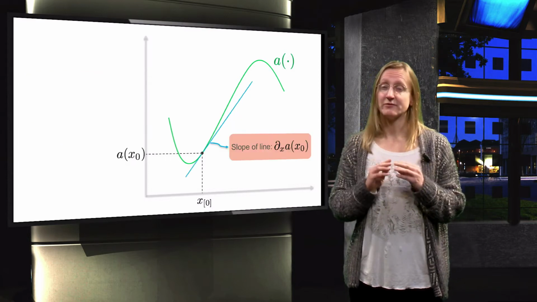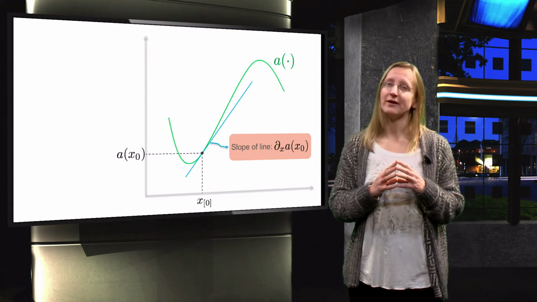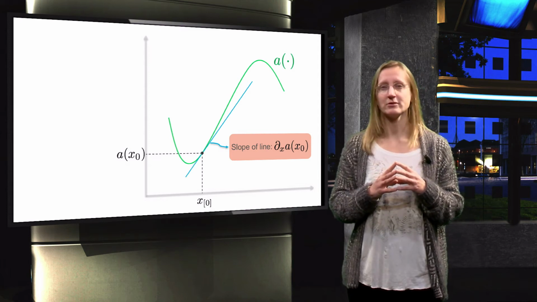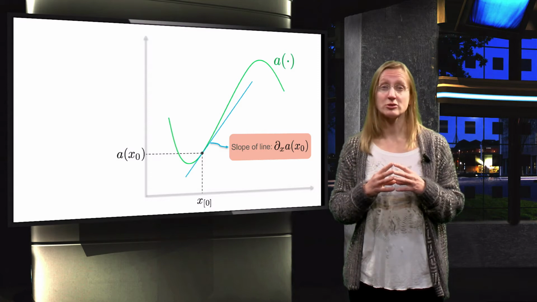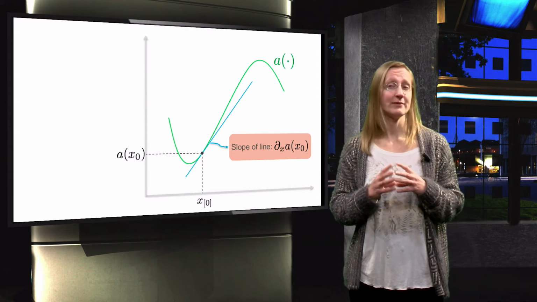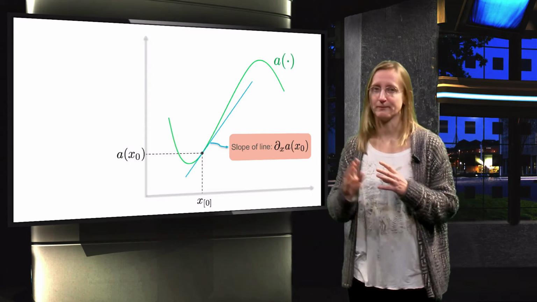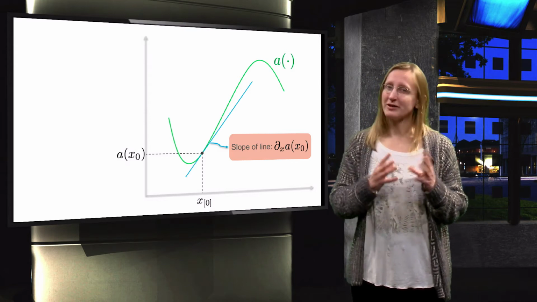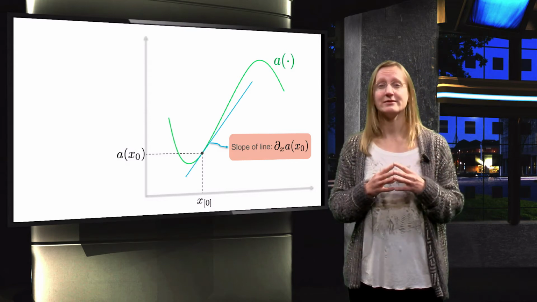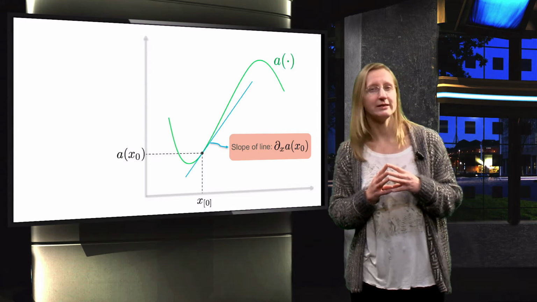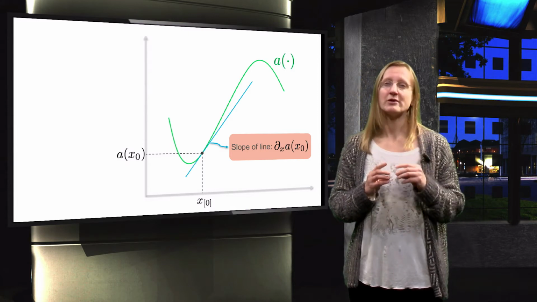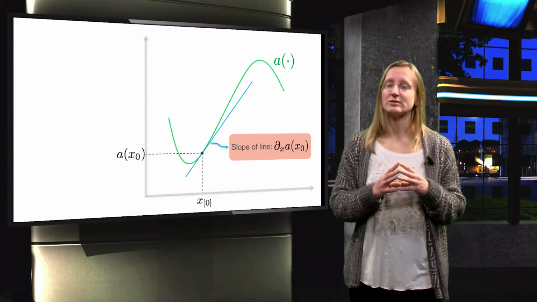We take the derivative of function a to find the gradient at x0. And this is the slope of the tangent line at x0, the blue line shown here. So the idea is that the tangent line is an approximation of function a. Remember that the observation we had was given by y.